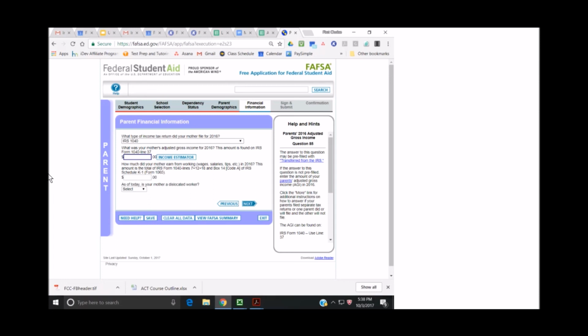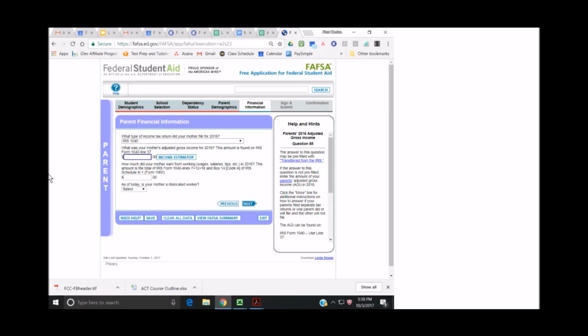How much did your mother earn from working in 2016? And then they say 1040, the lines. Actually, where you should pull this from is the W-2, and it should be from box 5 of your W-2. The reason is that this is used to determine your Social Security allowance, how much Social Security tax you paid, and that comes off of box 5, which is your Medicare wages and tips.